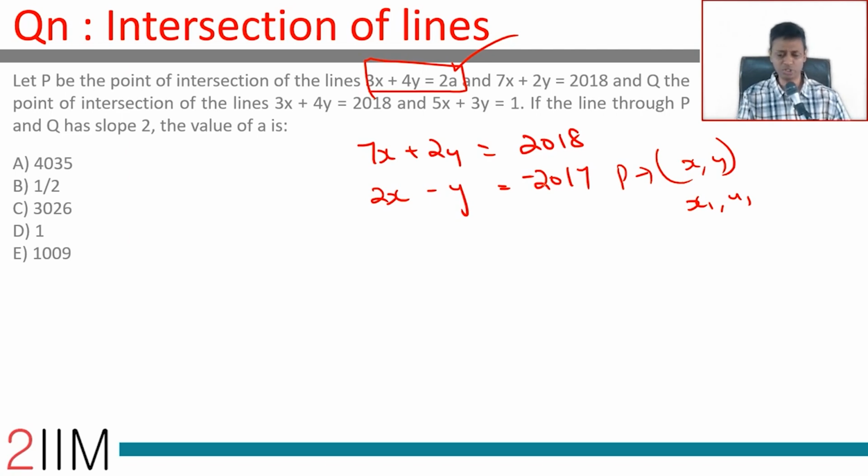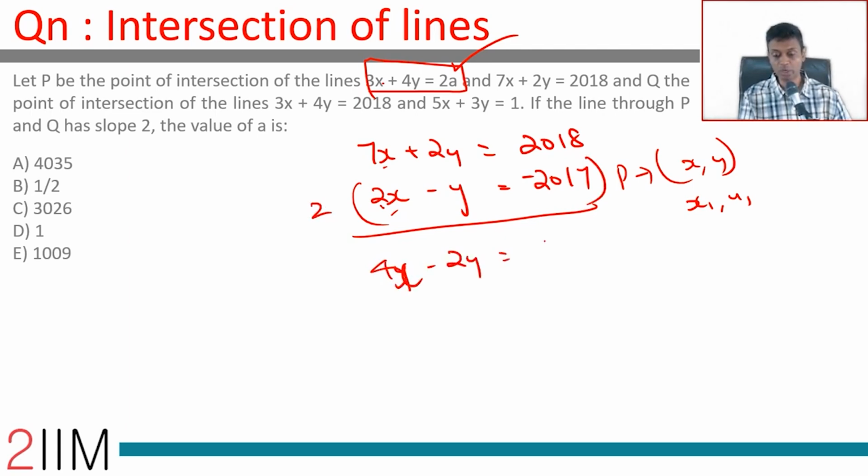Now comes the juicier, softer, wonderful bit. We have to go in to find x and y and plug this into this. Is there a way of manipulating these two expressions to get 3x plus 4y? To get 3x, we can multiply this by 2 and subtract. We multiply this by 2, we'll have minus 2y. We subtract, you'll get 4y. Brilliant. We multiply this equation by 2, you get 4x minus 2y is minus 4034.